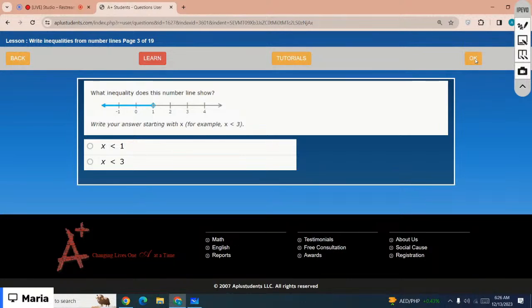Which is the correct option? You can see the inequality starts from 1, but on 1 you can see an open circle. That means 1 is not included, but all the numbers that are less than 1 are. The correct option is option number 1, x is less than 1.